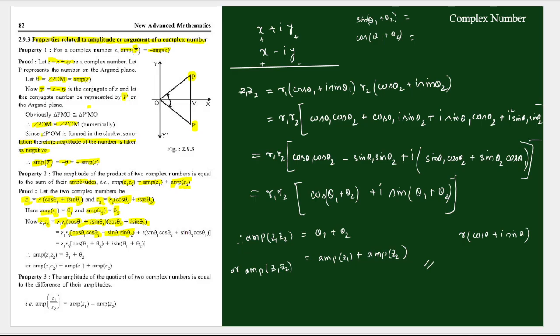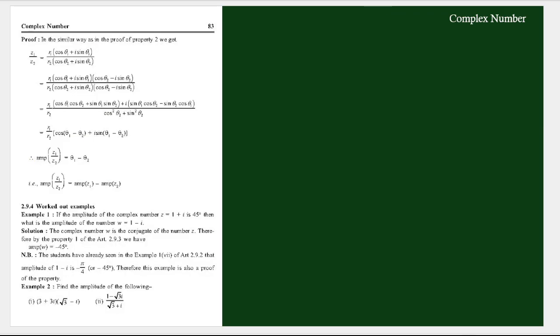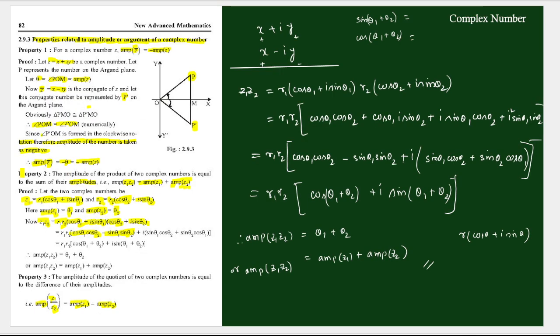So the amplitude of z1 by z2, the quotient, will be amplitude of z1 minus amplitude of z2, the difference will come. So in a similar way, like property 2, divide. Take Z1 and Z2 first. Amplitude of Z1, write this.